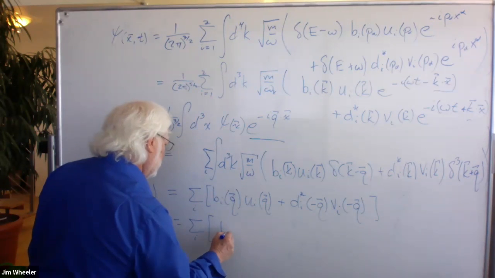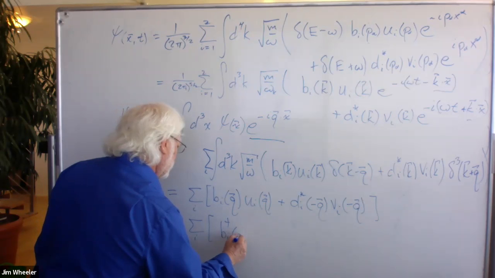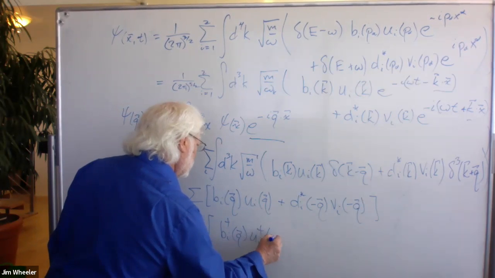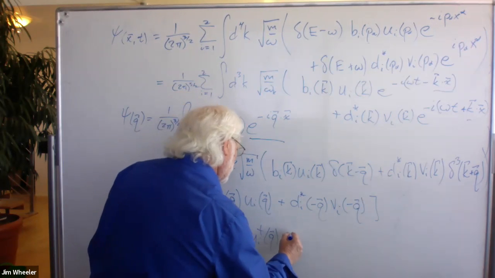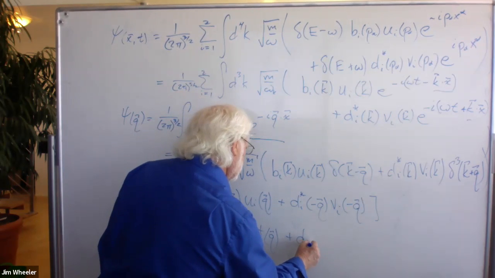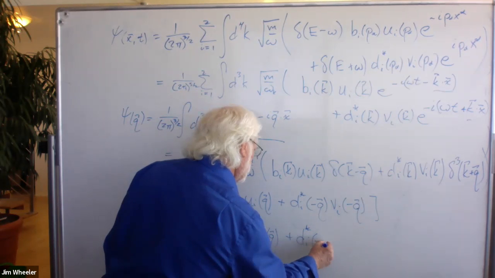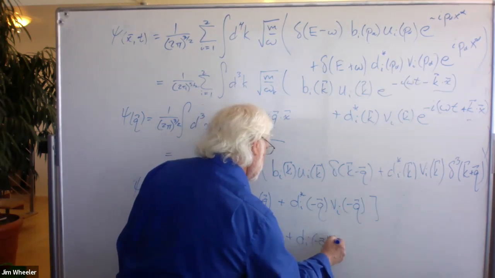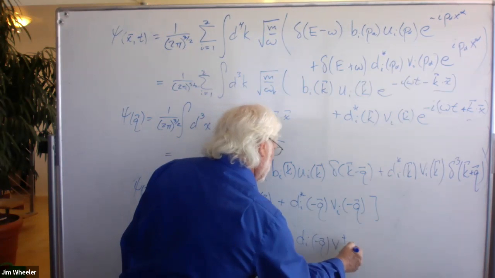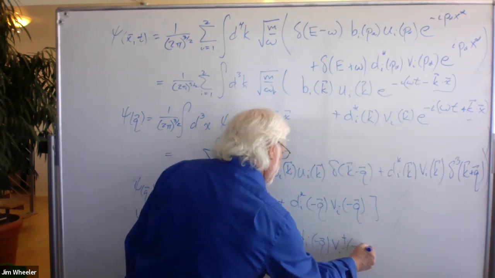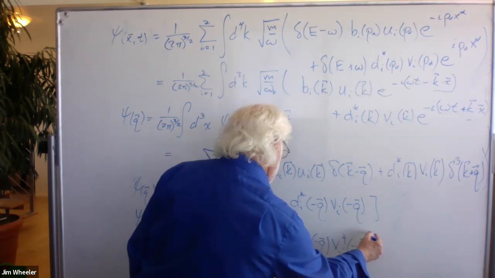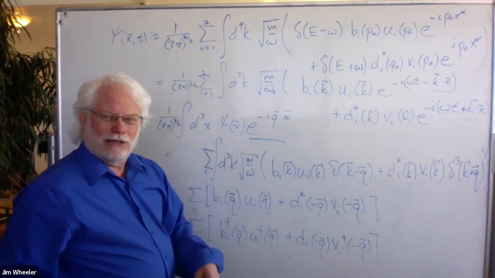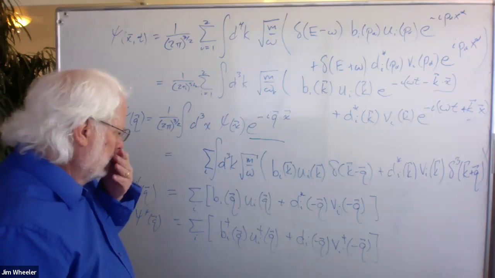So now we get b dagger of q, u_i dagger of q, plus d_i unconjugated, v_i dagger. So you can see we're going to have to figure out what is v_i of minus q, and there's a simple relation for that.